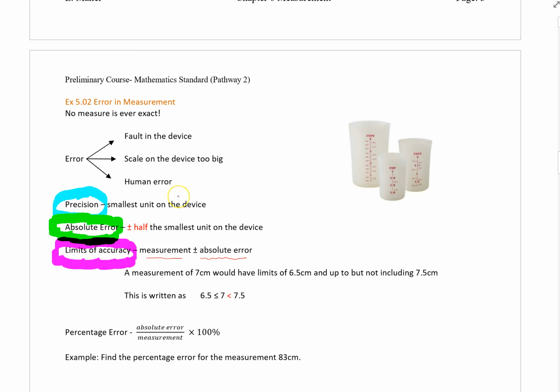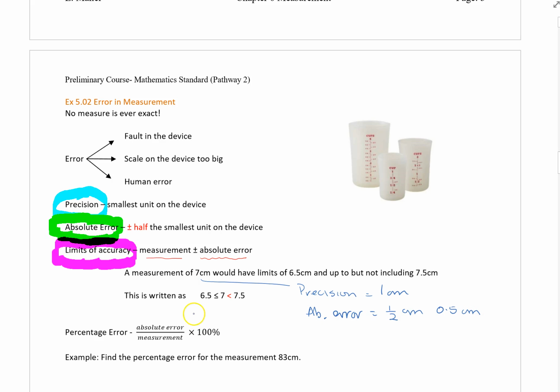So our precision for 7 centimetres is 1 centimetre. That gives me absolute error of half a centimetre, 0.5 of a centimetre.